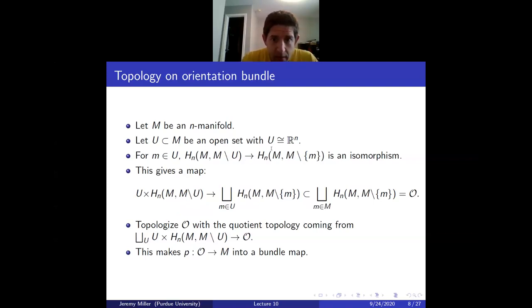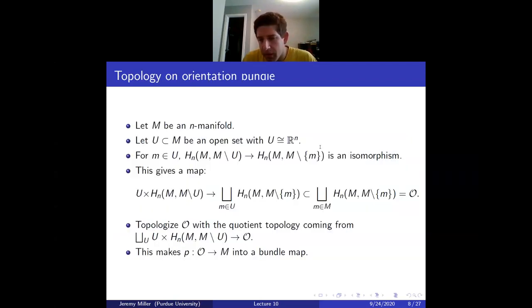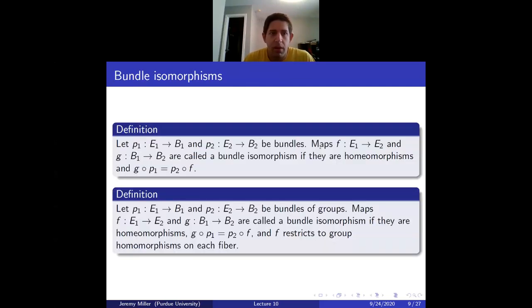Okay. Yeah. So any questions on the construction of this? This thing is called the orientation bundle. Any questions on the definition of the orientation bundle? Great. Okay. So I guess the definition of orientable is going to be that the orientation bundle is the trivial bundle. And so in order to define that, let me just tell you what it means for bundles to be trivial.